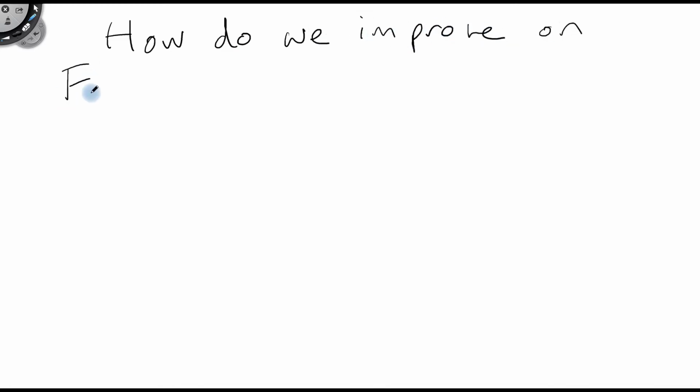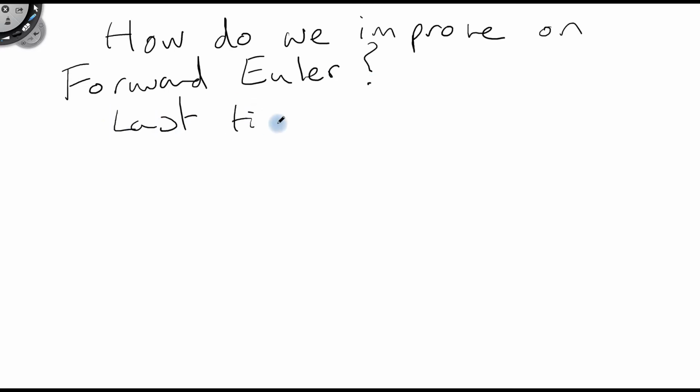Okay, so we've been asking this question, how do we improve on forward Euler? And last time we looked at implicit methods or backward Euler.